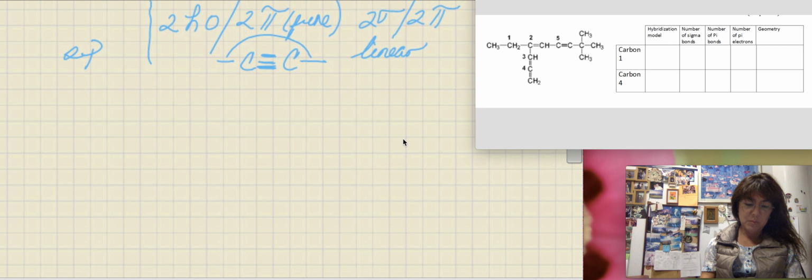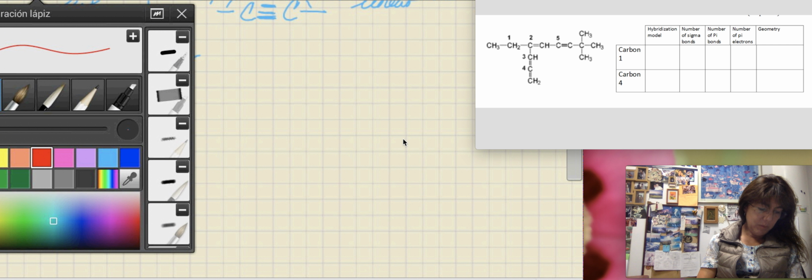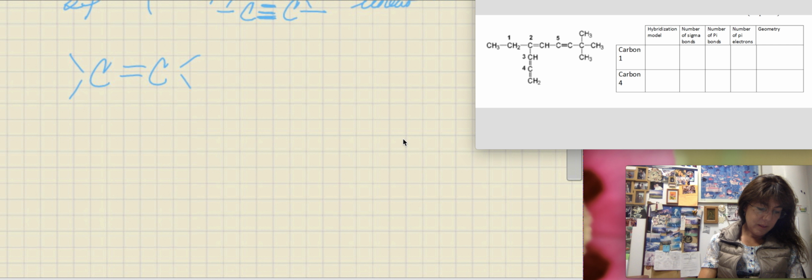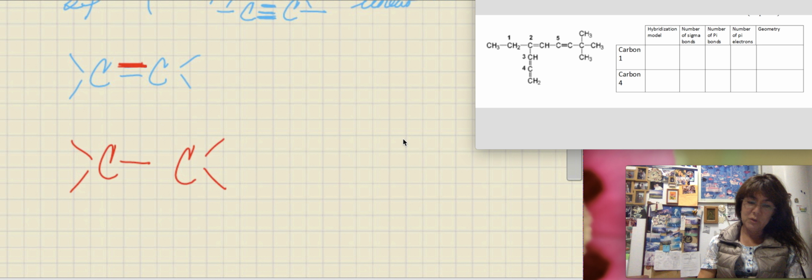Remembering also this important issue: if you have a double bond, let's analyze only the double bond. How is it formed? This carbon has its three single bonds, just like the other one, three sigma or single bonds.